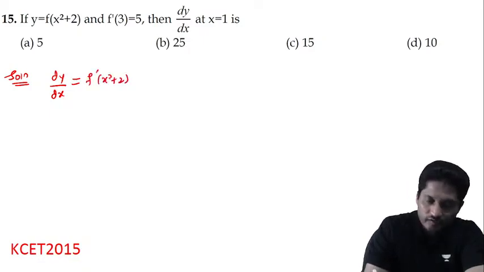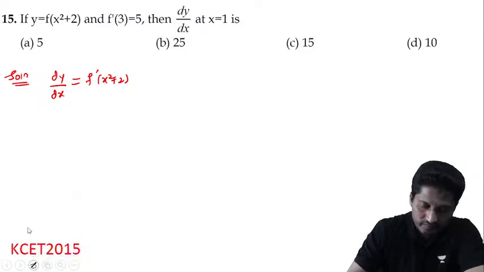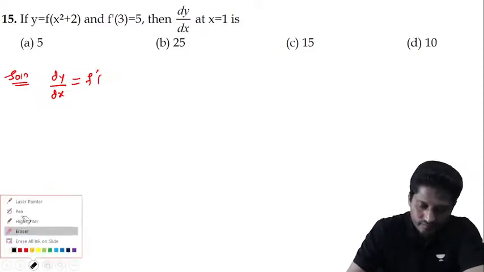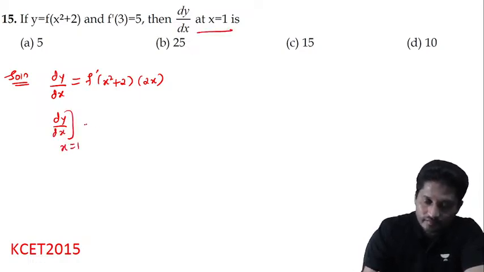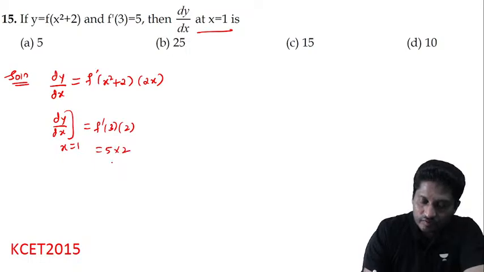If I use the chain rule, differentiation of x square is 2x. Now dy by dx at x is equal to 1 will be f dash of 3 into 2. f dash of 3 is 5, 5 into 2 is equal to 10. Okay, answer is option D.